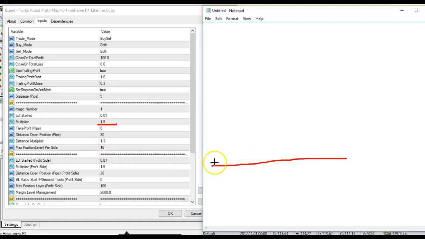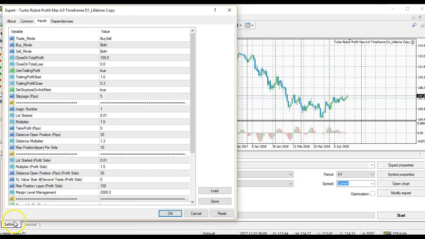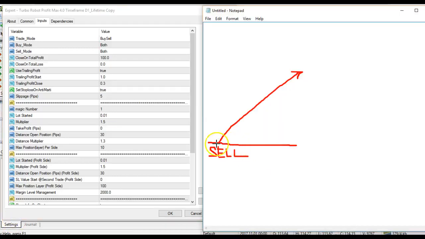So if this is a sell trade, you are supposed to be earning on it. You are supposed to be profiting 10 pips, whether you are buy or sell. It does not happen because the market reversed in the other direction.